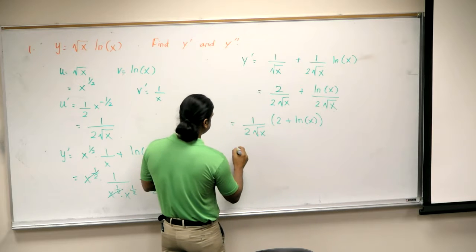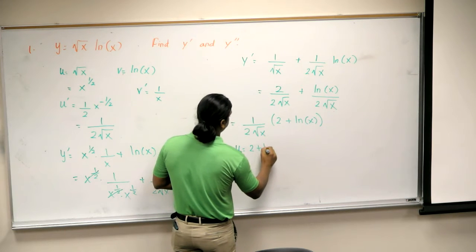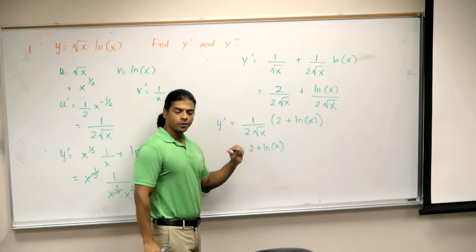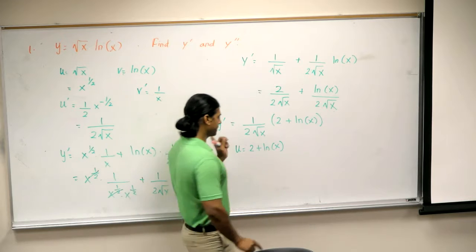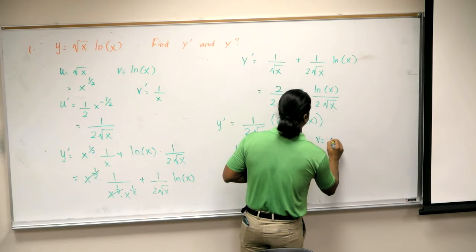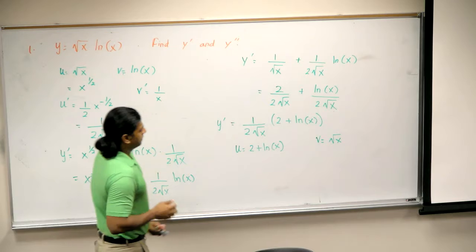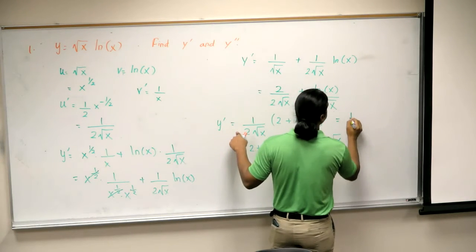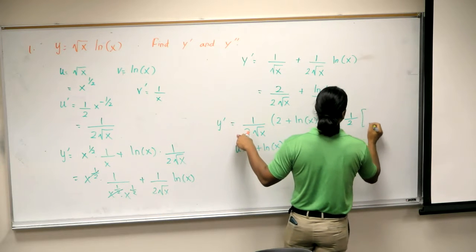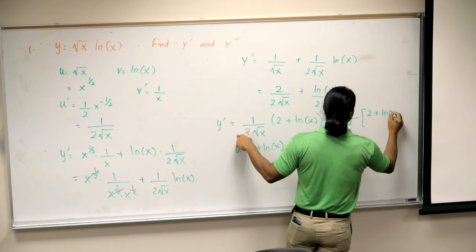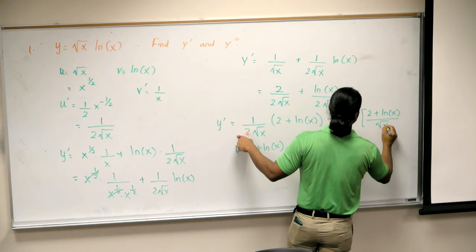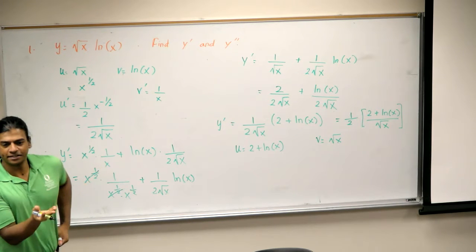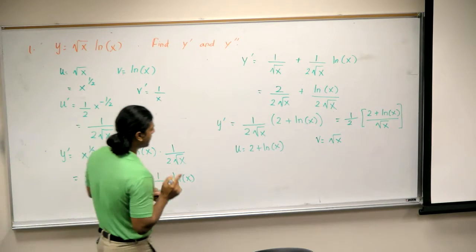So to find the second derivative, I'm going to use quotient rule. 2 plus ln of x will be the numerator. The denominator is square root of x because I'm trying to keep that 2 outside. Why carry an additional term if there is no need for us to do that?